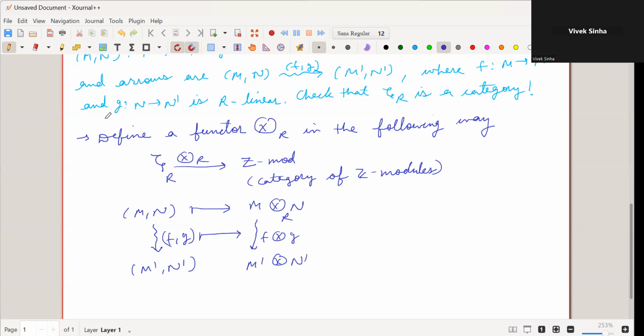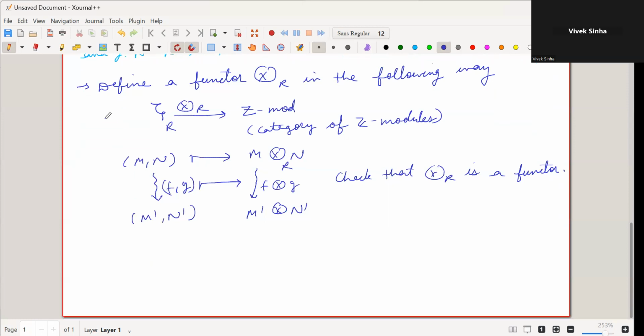So in this way, this also defines a functor. So the exercise is again to check that tensor over R is a functor. Okay, that was something which was discussed in lecture 1.